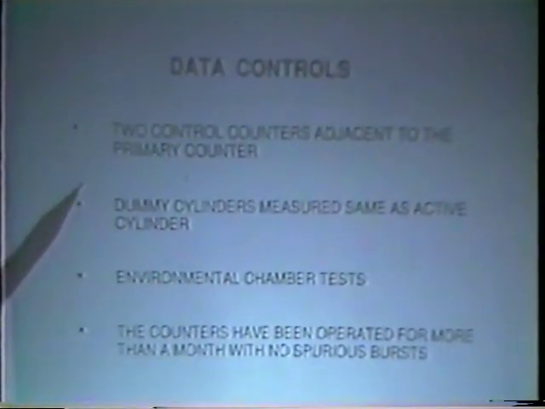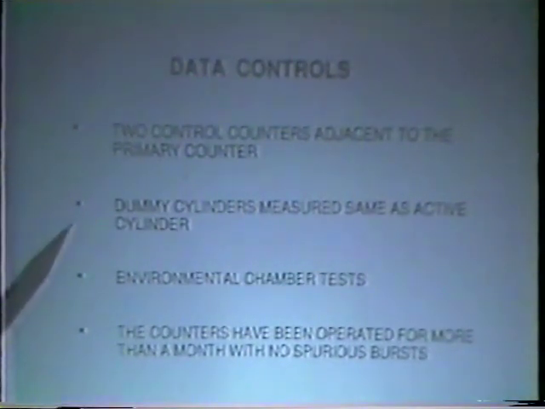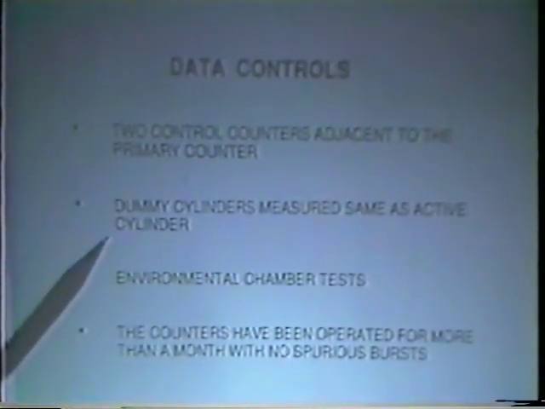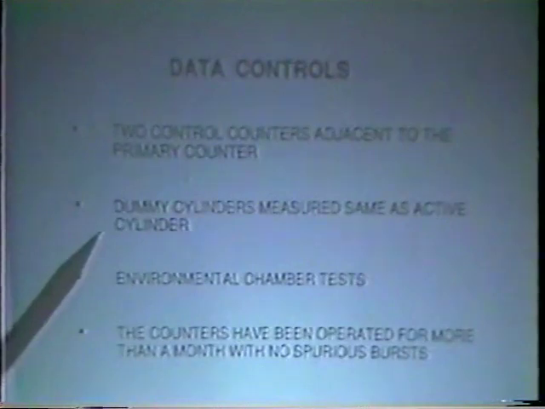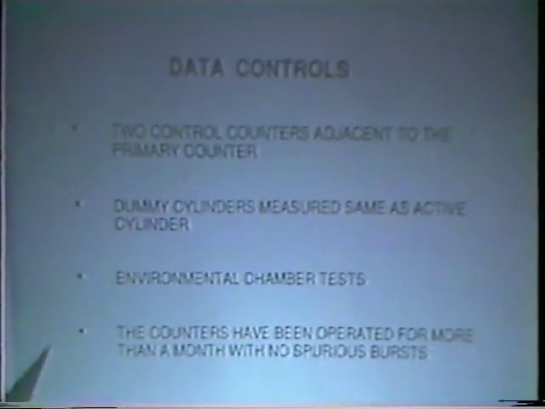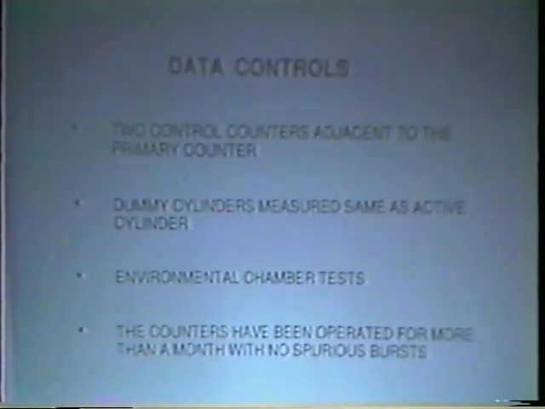That gives us a feel as to what the environment was doing. We had a dummy cylinder that was run through the same cycling as the active cylinder, intermittently with the active cylinders. Environmental chamber test, and also our counters had been operating for more than a month looking at the electrolysis experiments with none of the burst effects that I'll describe shortly.